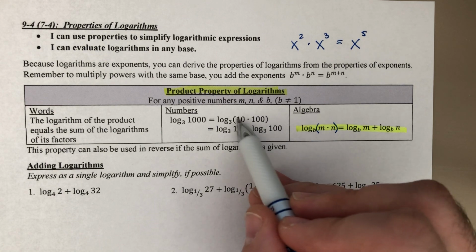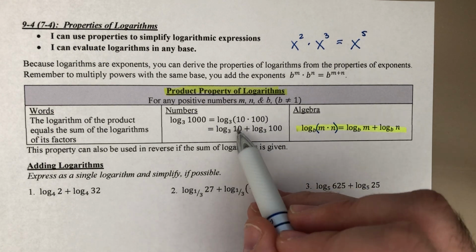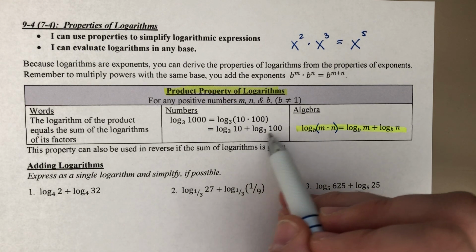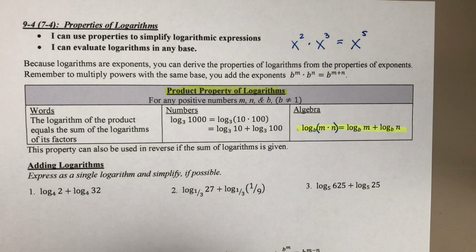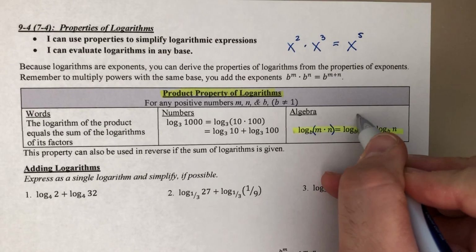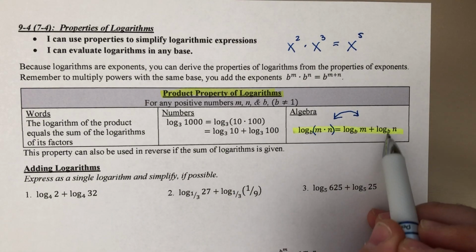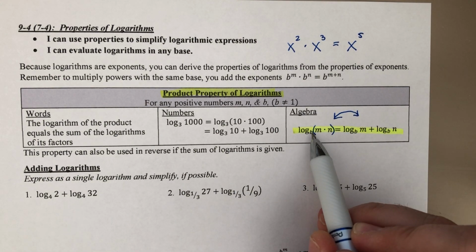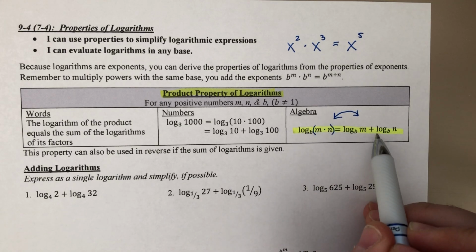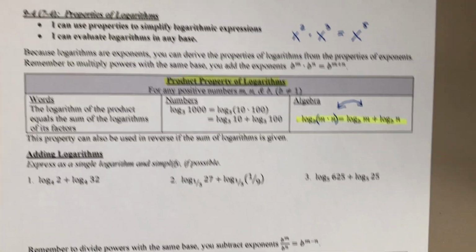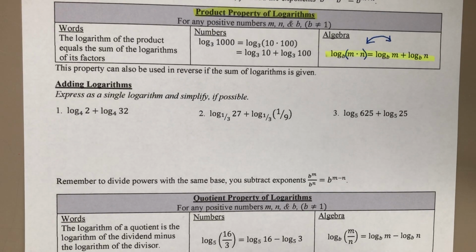You could rewrite this as log base 3 of 10 plus log base 3 of 100. And by the way, this goes either direction. It's bidirectional. If I had this, I could go to that, and if I had that, I could go to this. That's what we'll see in our first examples here for adding logarithms.